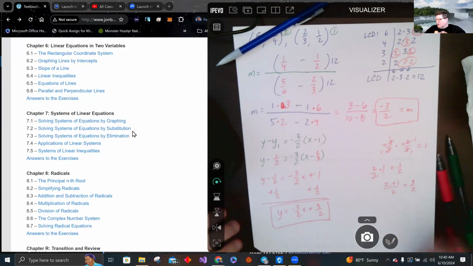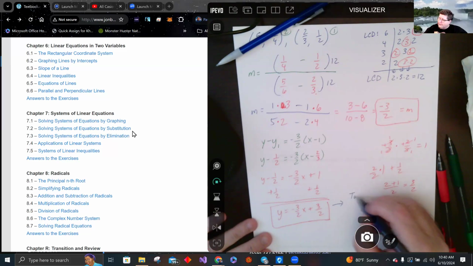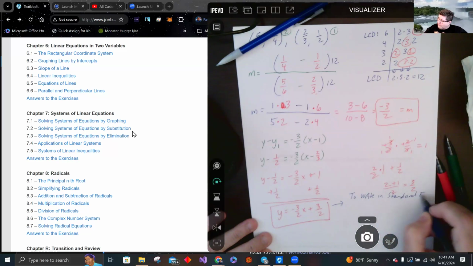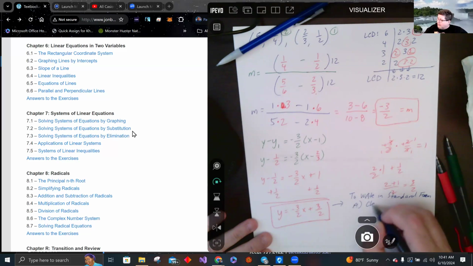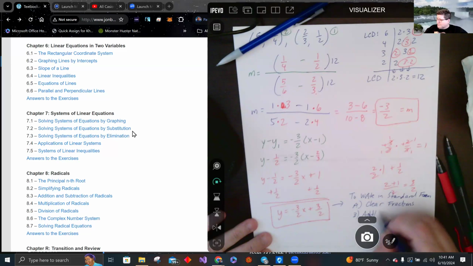If they ever want you to write it in standard form, clear fractions first. And then add the x term, subtract x term.